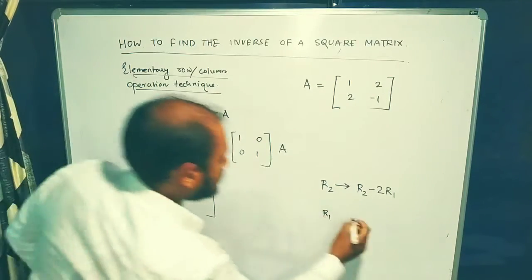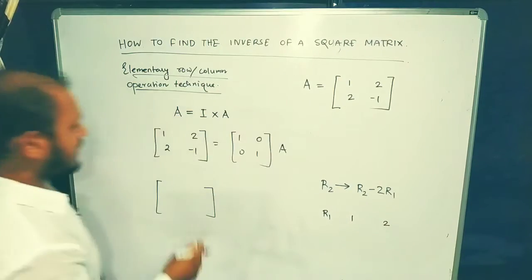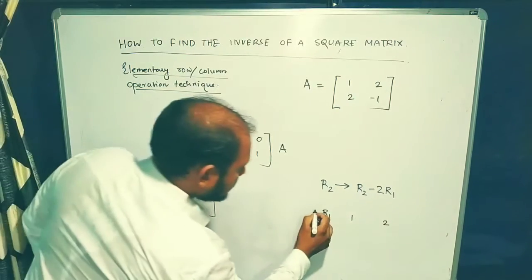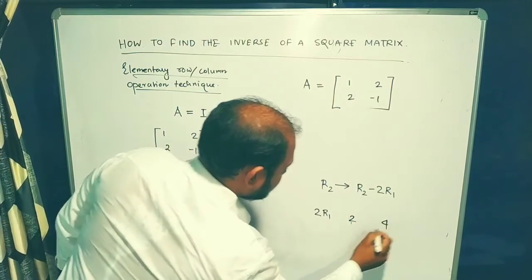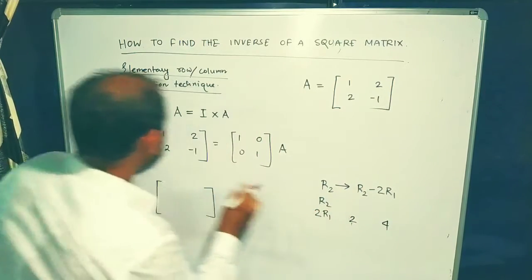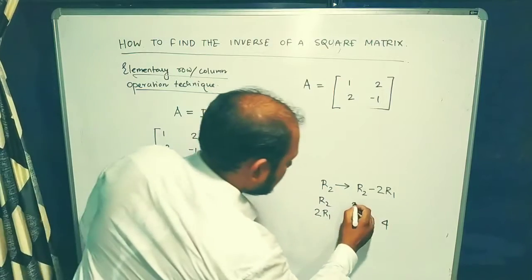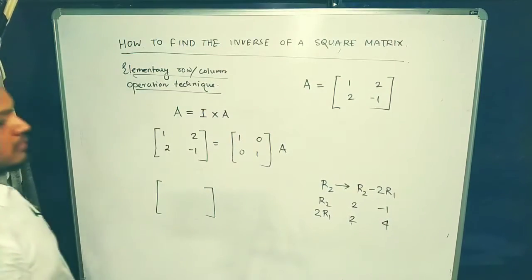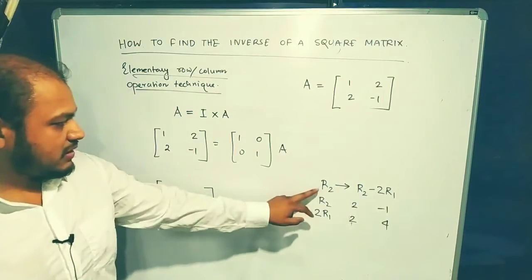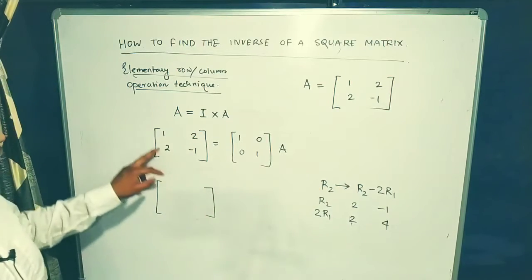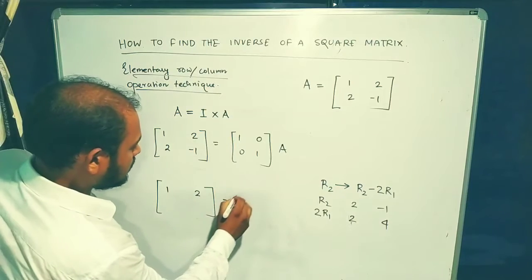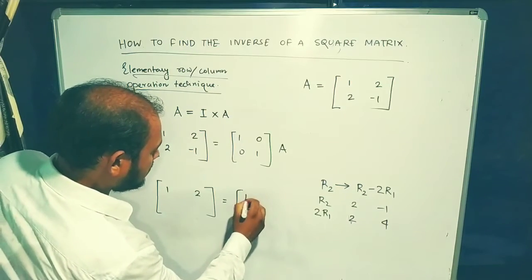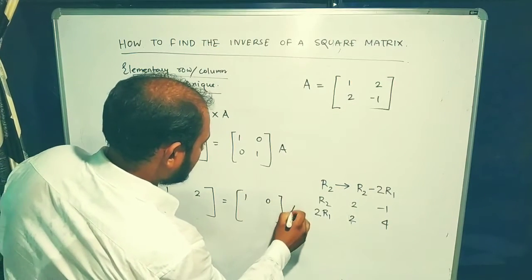First row is 1 2, and 2 times the first row is 2 1s are 2, 2 2s are 4, and R2 here is 2 minus 1. Since row 1 remains the same, we have to write the first row as it is given.